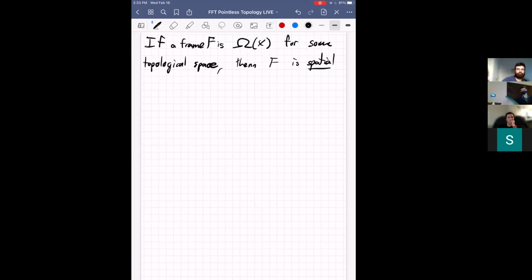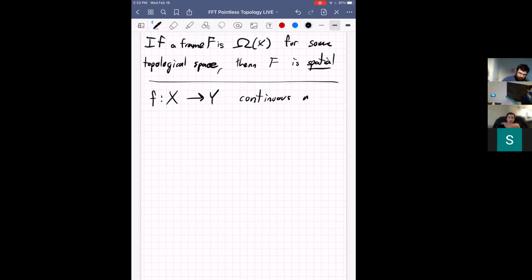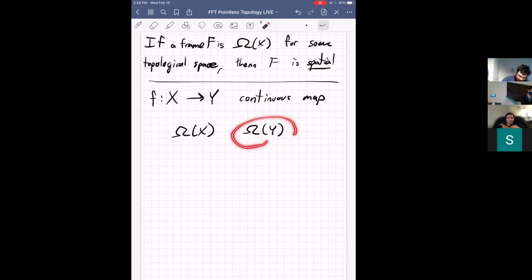There's one slight technical thing which I'd like to correct, which is maps between topological spaces. So f from X to Y is a map of topological spaces. It's a continuous map. So when we get a map between Omega X and Omega Y, it's actually in the wrong direction.